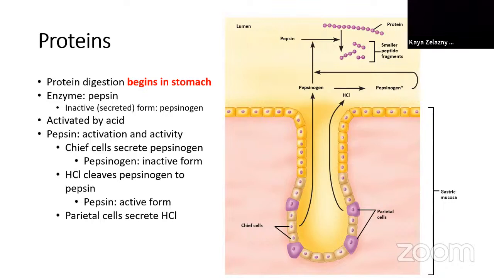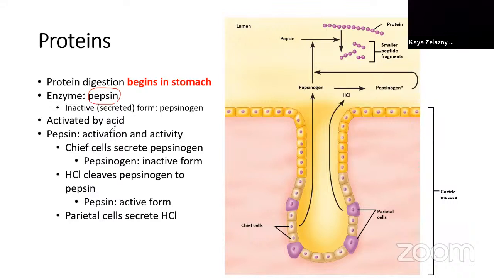So you swallow it, it goes through your esophagus, goes into your stomach, and now we can start to chemically digest that protein. In specific, we have one enzyme in the stomach that is going to be digesting our protein that we've eaten, and that enzyme is pepsin. So pepsin is our stomach protease.